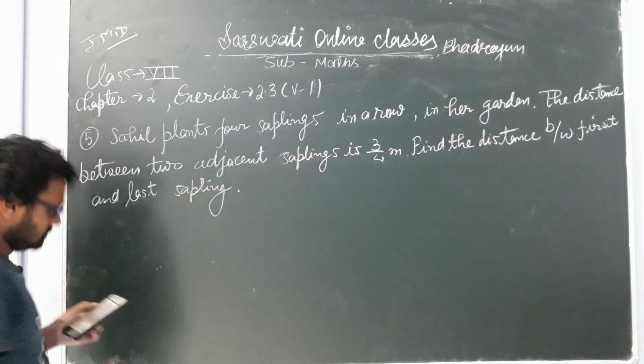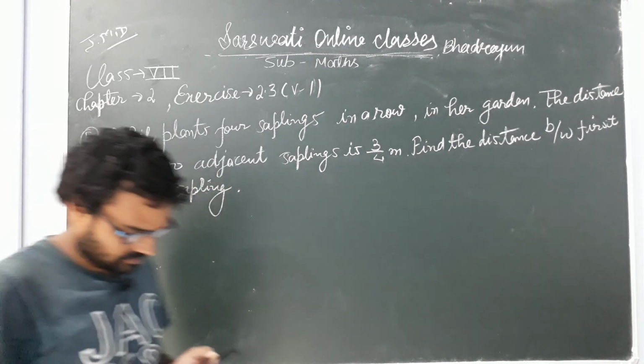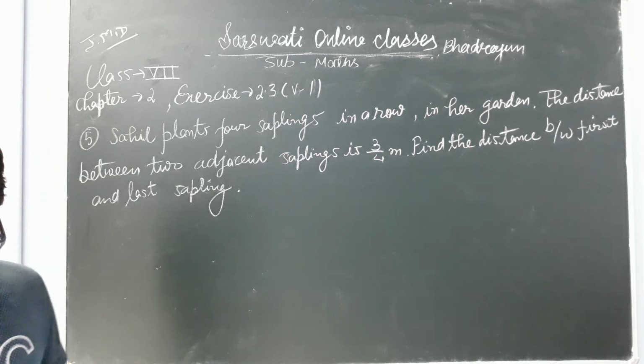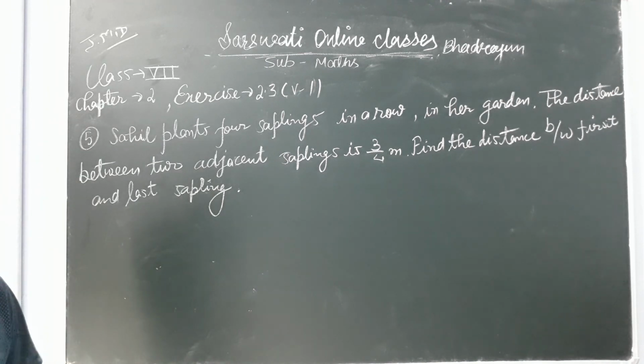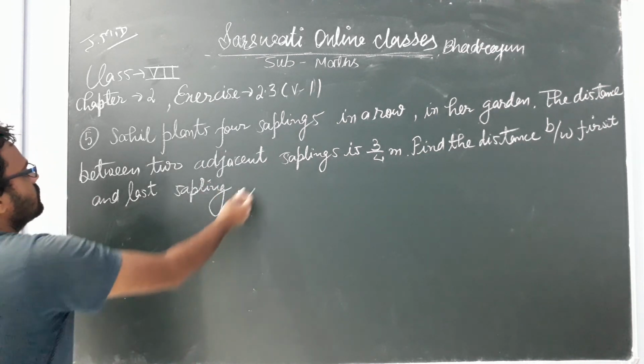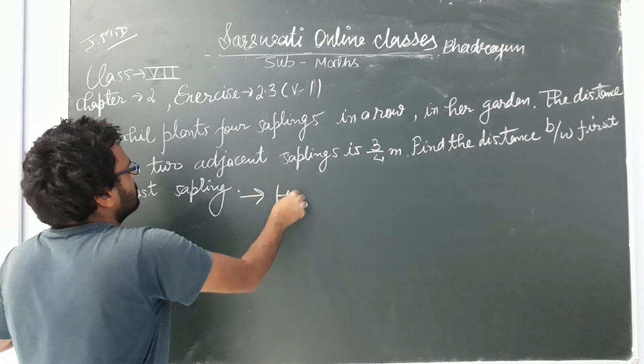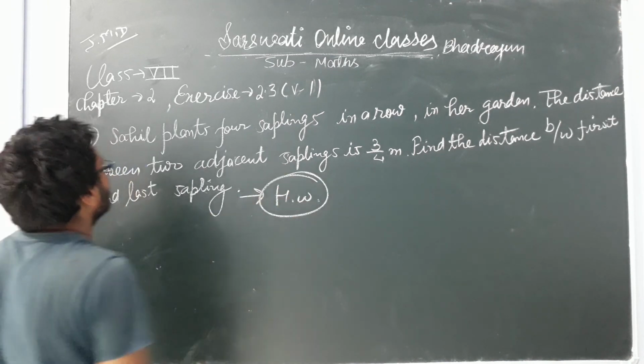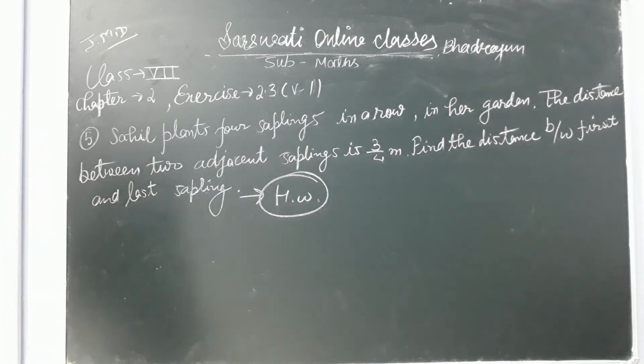Find the distance between the first and last sapling. This is your homework. You have to do this sum. If you are not able, then I will take this sum in your next video.